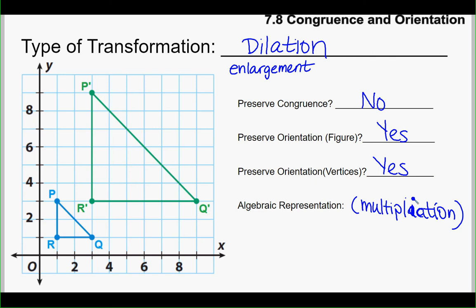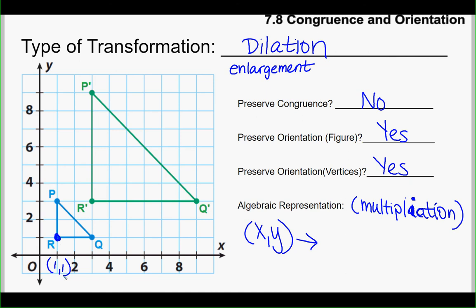So let's actually write the algebraic representation for this example. We know we're going to be multiplying. Can anybody figure out what we're going to be multiplying by? You need to look at the coordinates. Let's just look at R. Right now, R is at coordinate 1, 1.